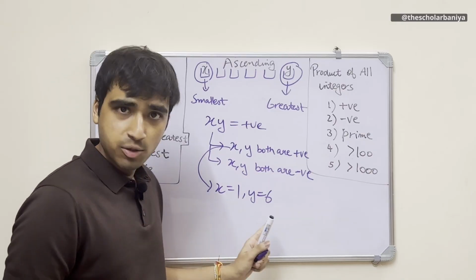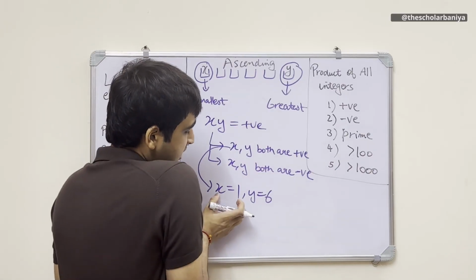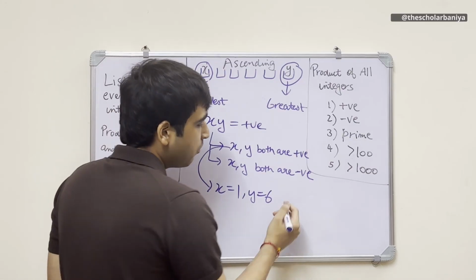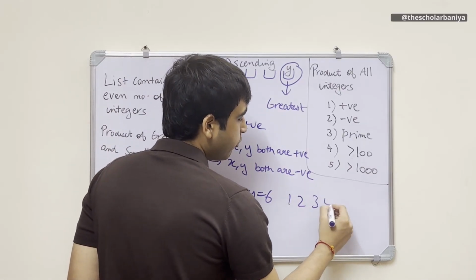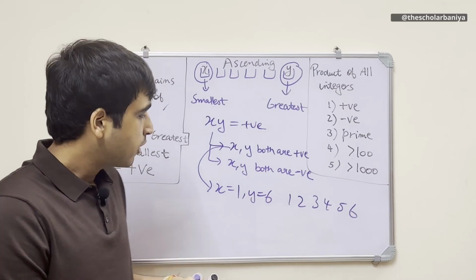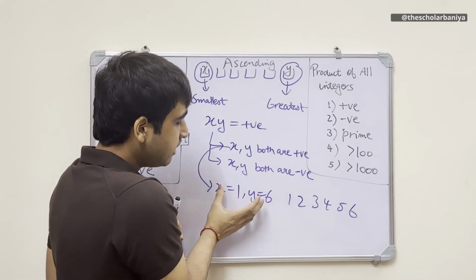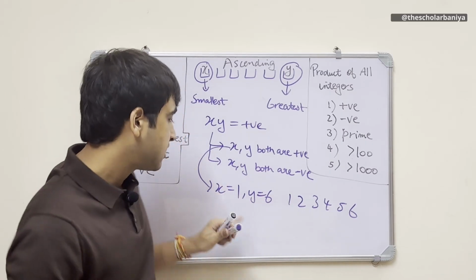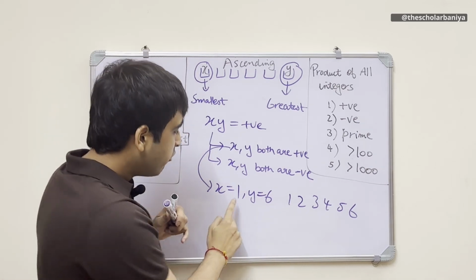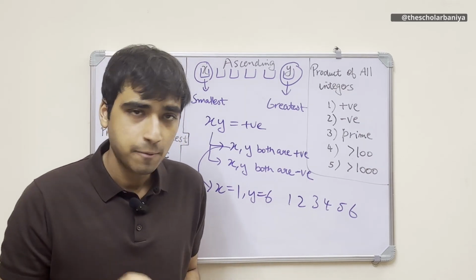Both are positive, absolutely fine. This is the smallest, this is the greatest. So what can be the numbers in between? Obviously 1, 2, 3, 4, 5, 6. This is the list, because all the remaining numbers will be between the smallest and the greatest.